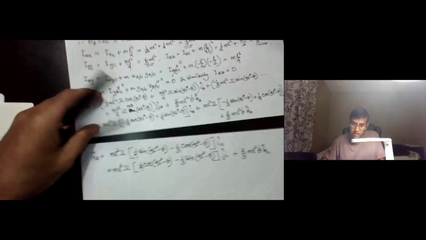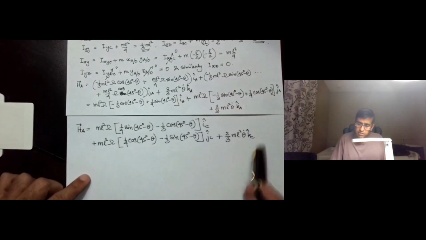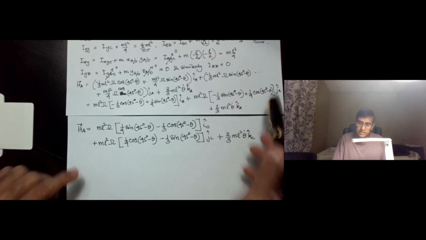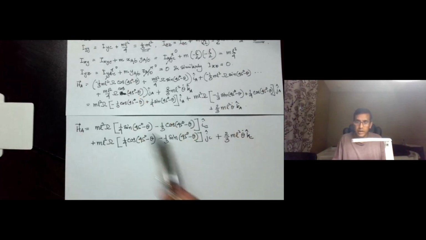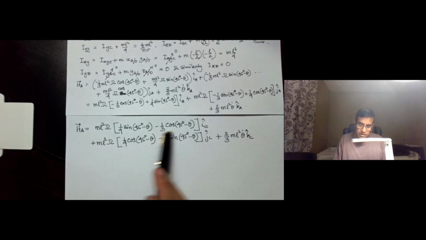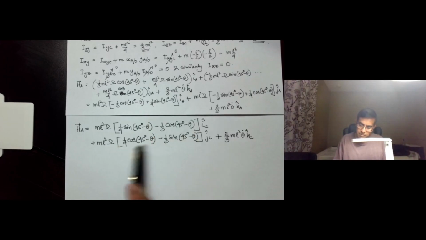So let me just quickly check here. This is the angular momentum that was calculated by the previous method, and this is the angular momentum calculated by the current method directly using A, and we see indeed that all the terms are matching.